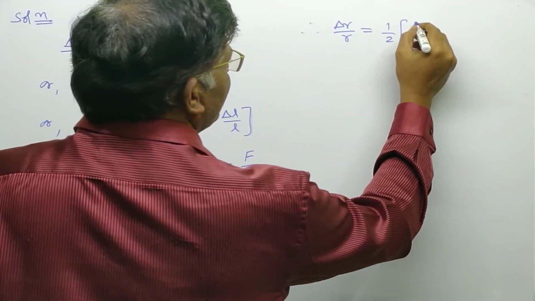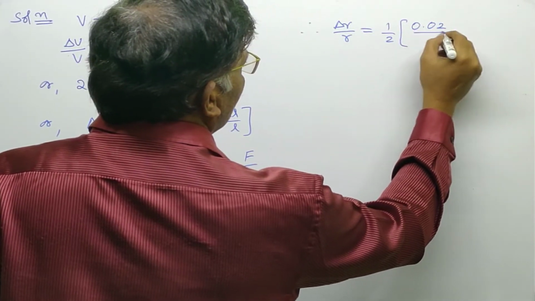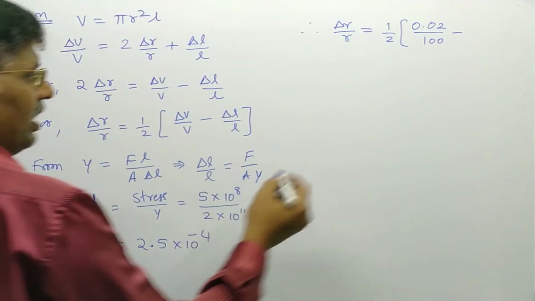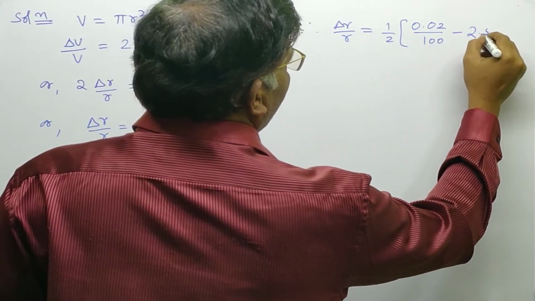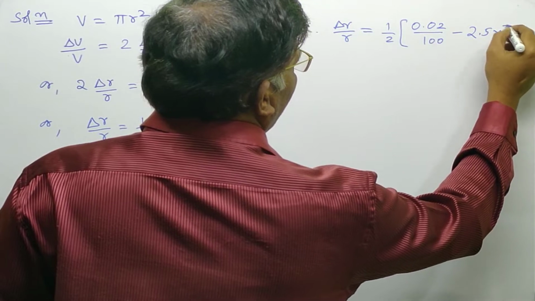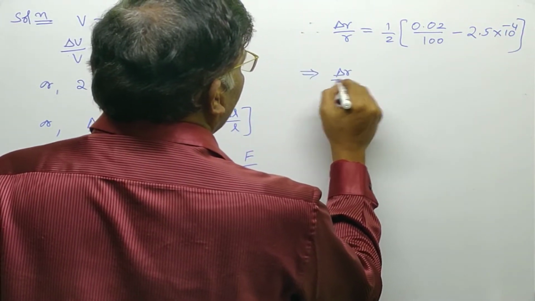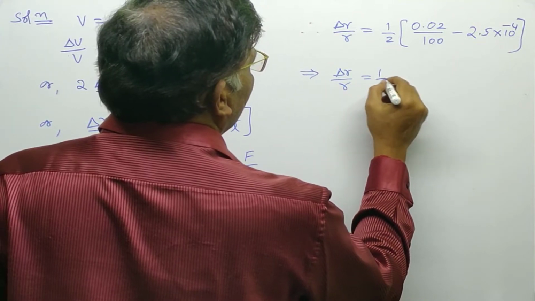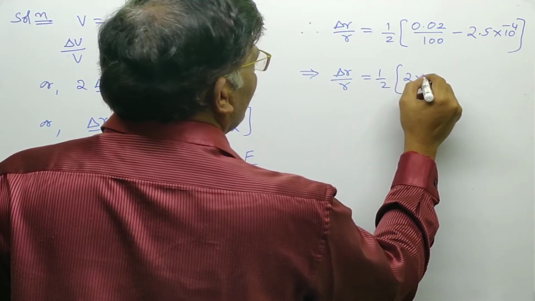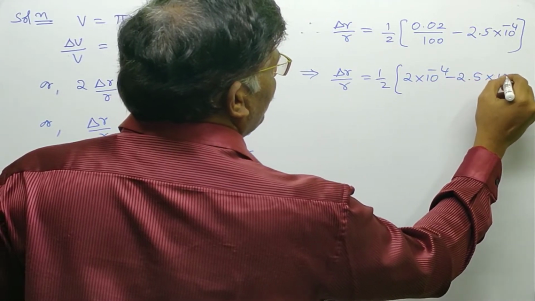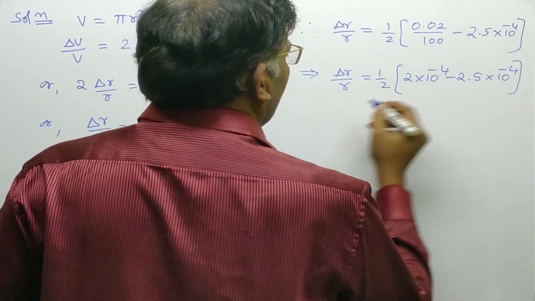Now from here, delta R by R is equal to 1 by 2 into delta V by V, which is given in the question as 0.02%, minus delta L by L, whose value is 2.5 into 10 power minus 4. So delta R by R is equal to 1 by 2 into 2 into 10 power minus 4 minus 2.5 into 10 power minus 4.